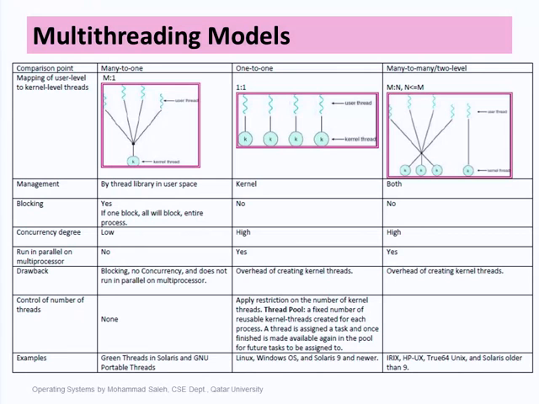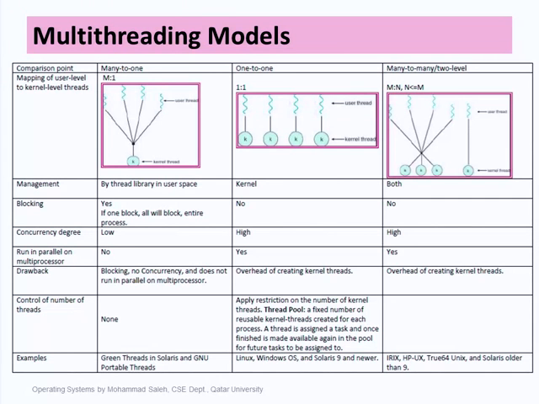While with one-to-one, you don't have to do any kind of management, because it is a one-to-one mapping. And for the third one, you have to do user management, but you don't have to do it when the one-to-one is applied.